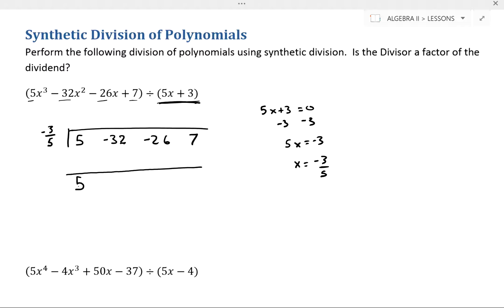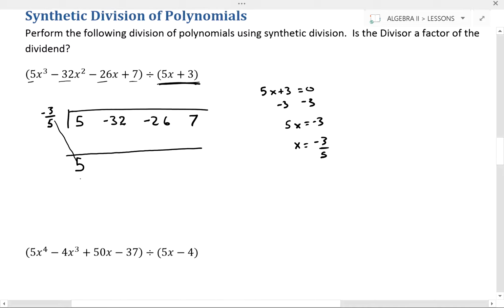From here, it's a sequence of multiplications and additions, back and forth, back and forth. So here's how the process works. This number out front, the negative 3 fifths, is what you're going to multiply everything by. I'm going to do negative 3 fifths times 5, which is negative 3.